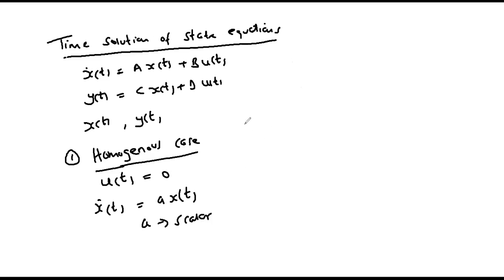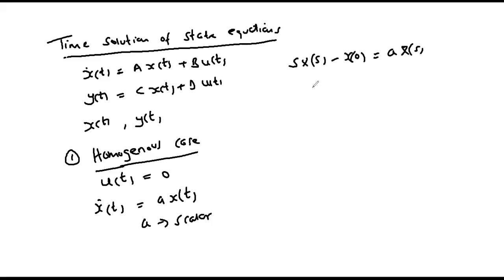From this equation, we can write in Laplace form as s x of s minus x of 0 equals A x of s.